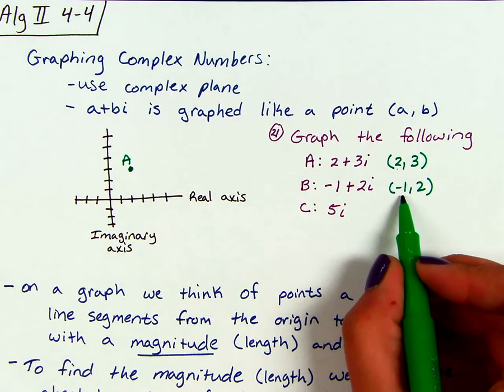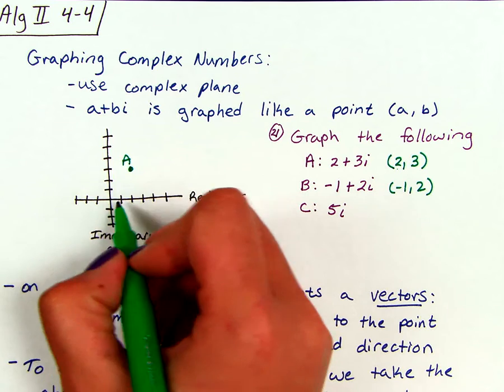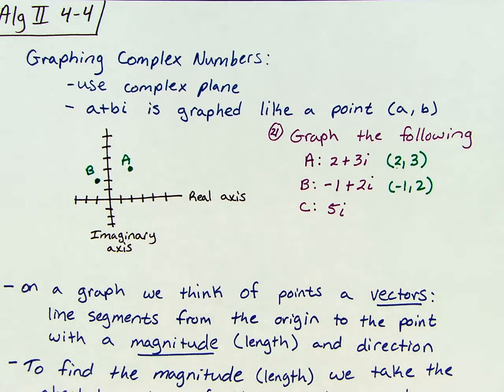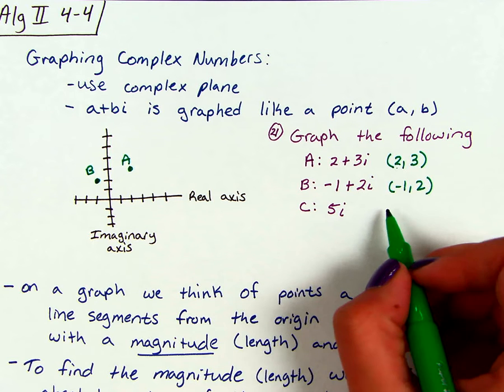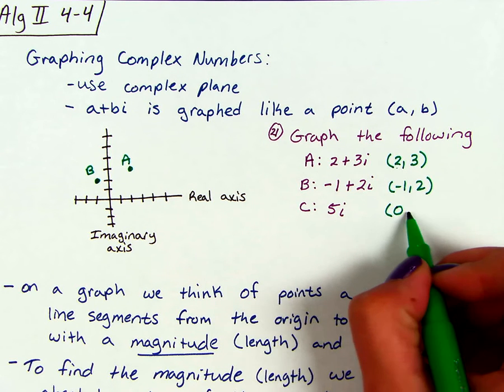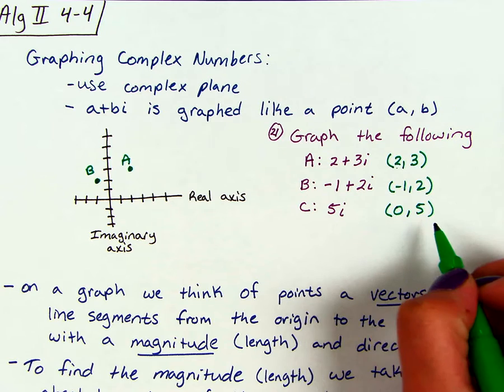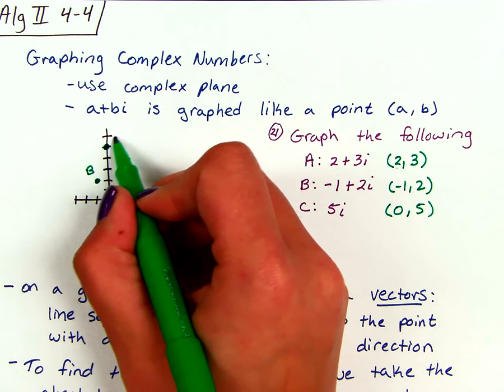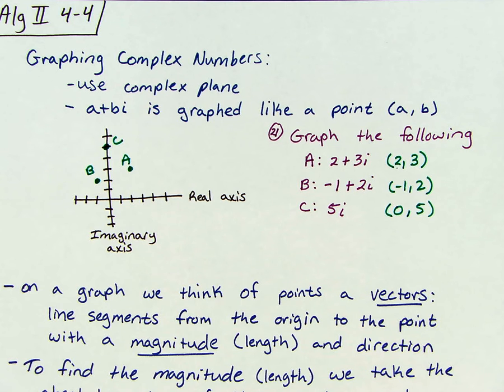So when I graph it, we're going to go left 1, up 2. So there's B. And then this one, since we don't have a real part, our real number is 0, and then our imaginary part is 5. So we're just going to go up 5 and put our point. So that's how we would graph.